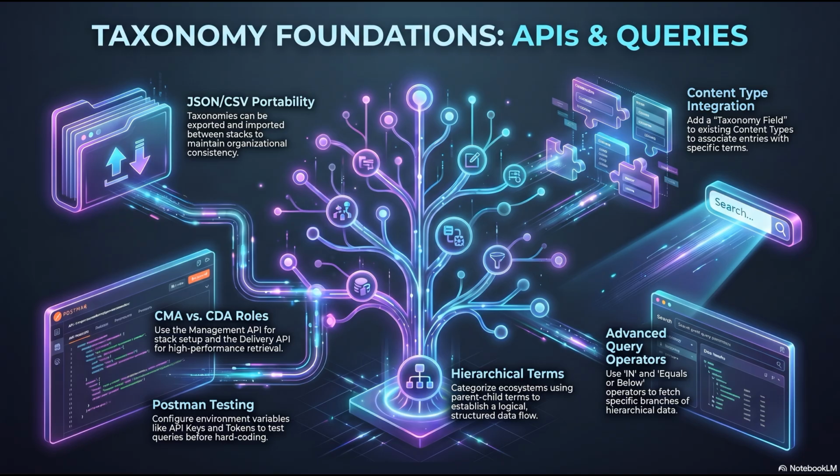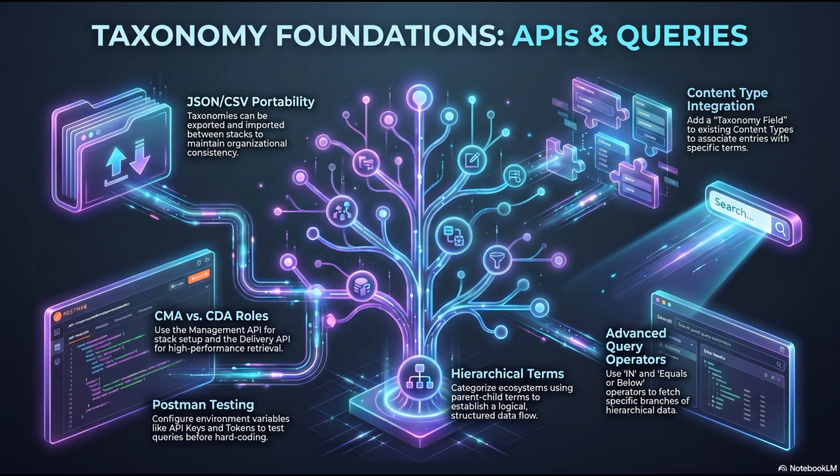And our mission today is highly technical and extremely specific. We are moving entirely past the theoretical discussions of what a classification system is. We are opening up the terminal today. The theory is established. Today is strictly about execution and infrastructure. Our goal is to give you a comprehensive step-by-step technical roadmap for mastering the life cycle of taxonomies right within the Contentstack ecosystem.